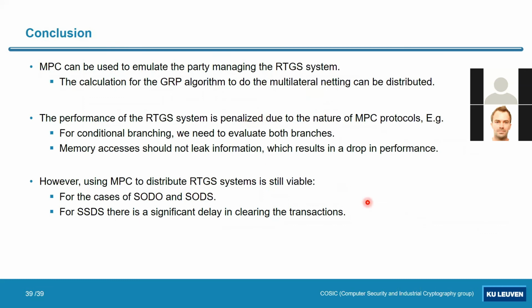The performance of our RTGS systems is penalized because of the nature of the MPC protocol. For example, in conditions we need to go through both branches, and memory access should not leak any information, and this drops our performance.